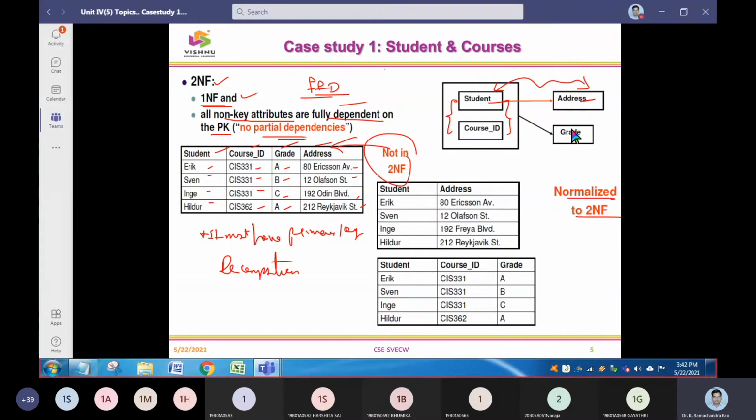So I can decompose the table in such a way that student and address are going to be in one table. Now we can say that address is fully functionally dependent on student. Next.